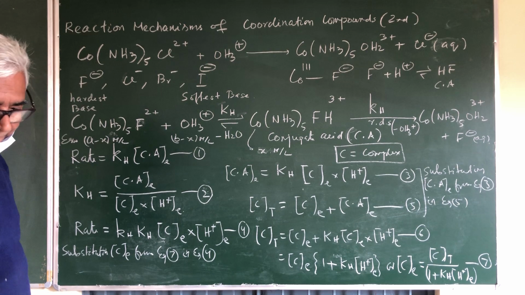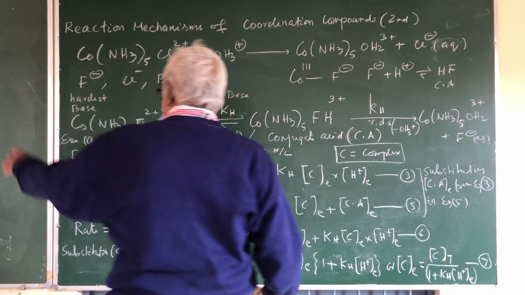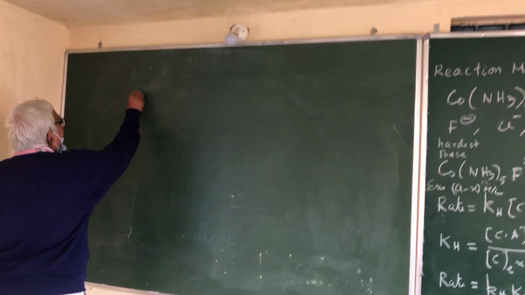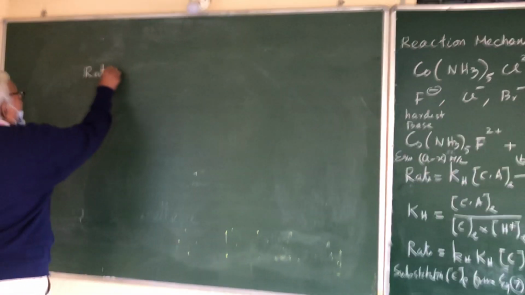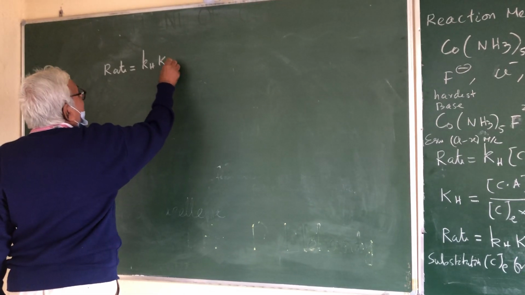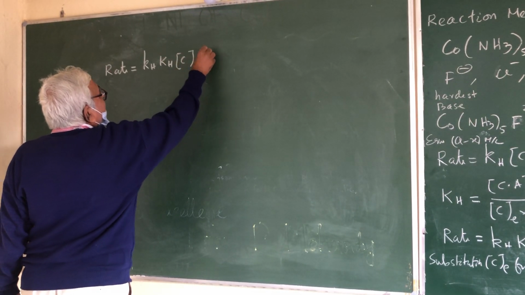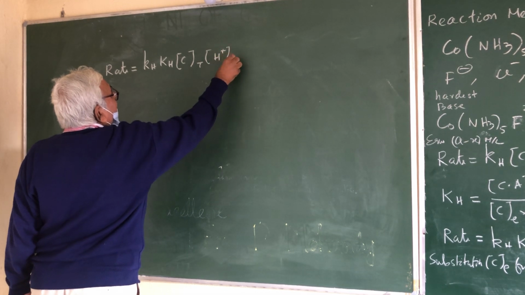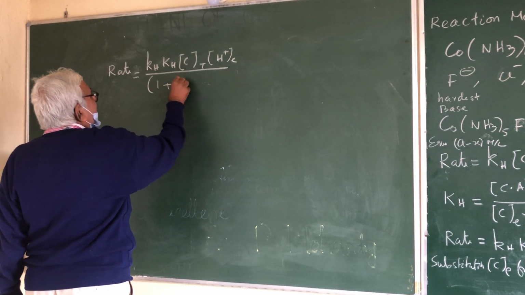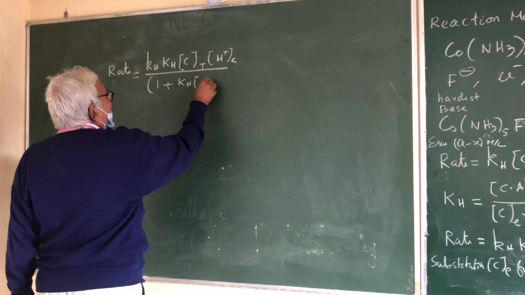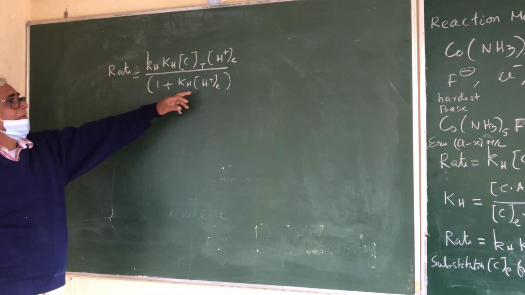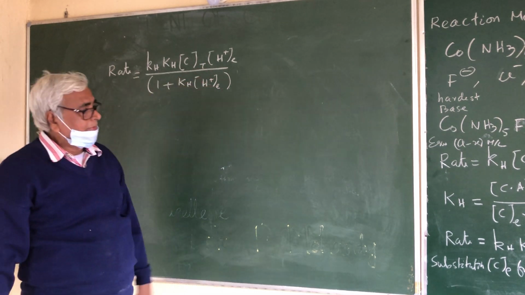The rate will be equal to KH into KH complex total into hydrogen ion equilibrium by 1 plus KH into hydrogen ion equilibrium. Now still there is one hydrogen ion equilibrium term. This is our equation 8.